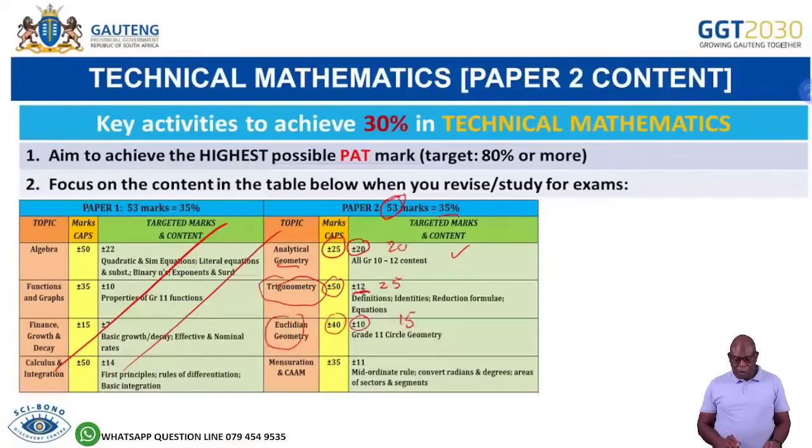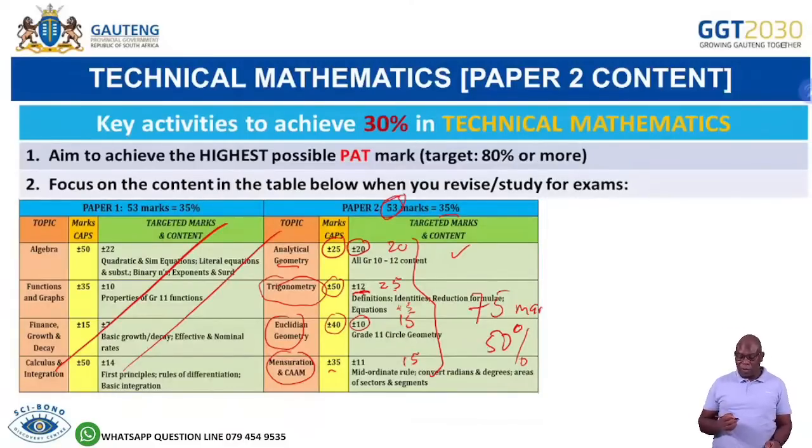So we've got 20, 25, 15. Measurement is 35, maybe we can just get to 15 here. So if I calculate all these marks, I've got 20, 45, then 60, and then 75 marks, and that's 50%. So we are able to do that on this paper. So let's work on this weekend.